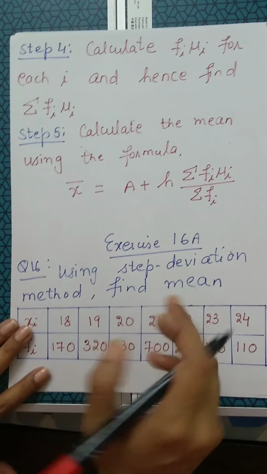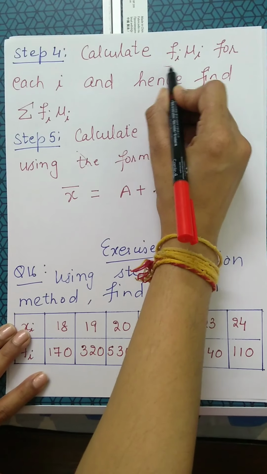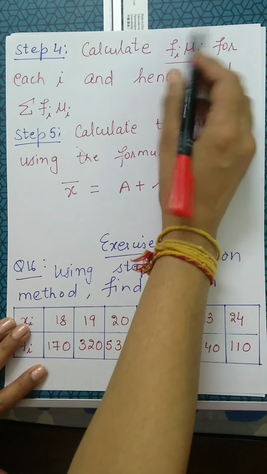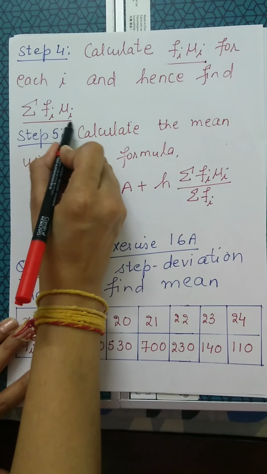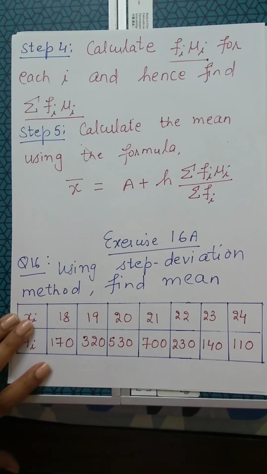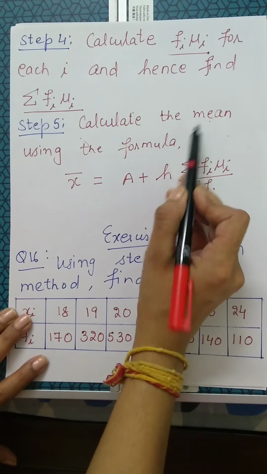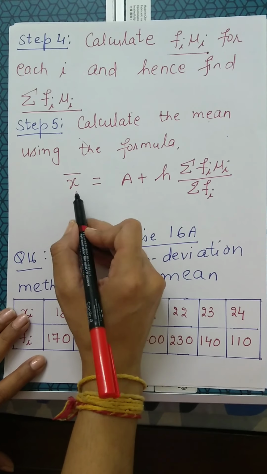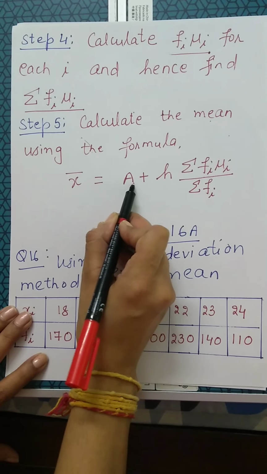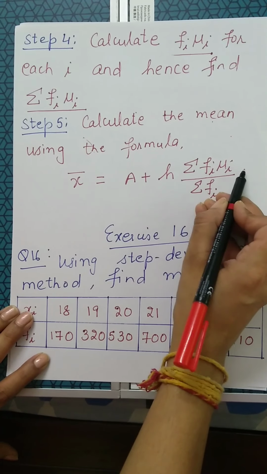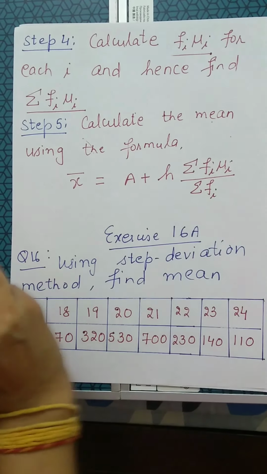After that, I need to calculate the product fi ui, and later on I will be finding the summation of fi ui. That means I will be adding. Now step 5, I need to find the mean using the formula, and here the formula is x bar is equal to A plus h into summation fi ui divided by summation of fi.